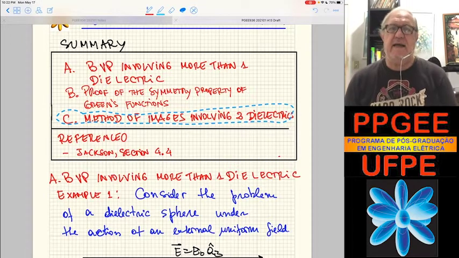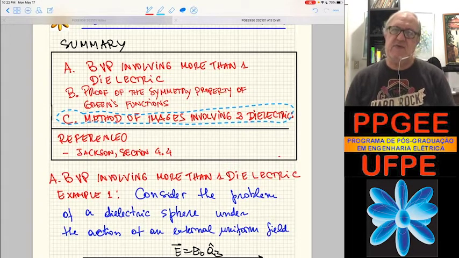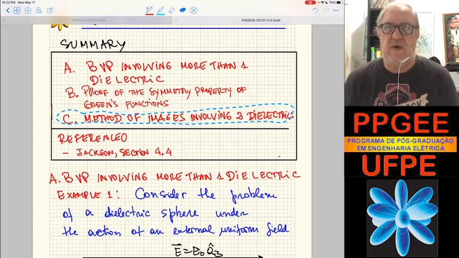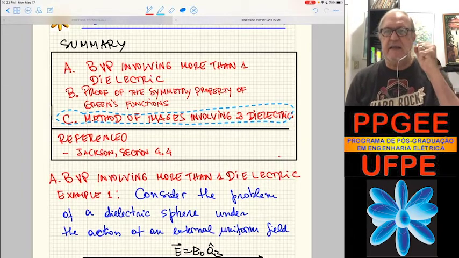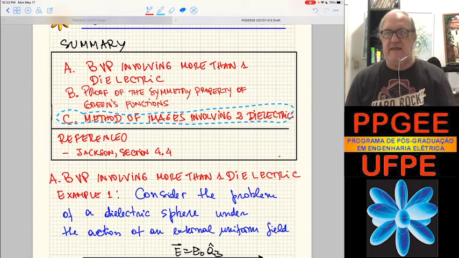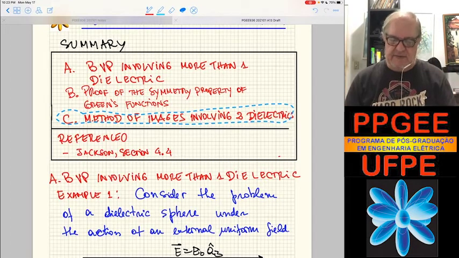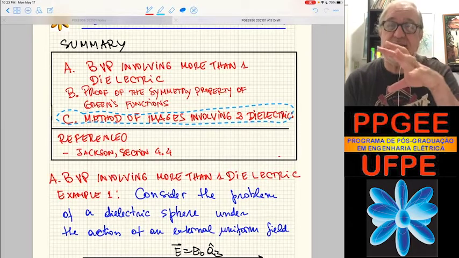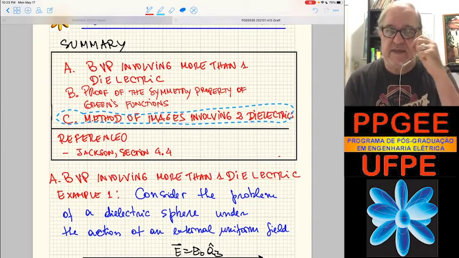We are going to do an example for a planar boundary, but we can do different situations. We can have a point charge and a spherical dielectric, or a line charge parallel to a plane or to a curved dielectric. We can solve all these problems. We're going to outline and show you the general method of solving it.